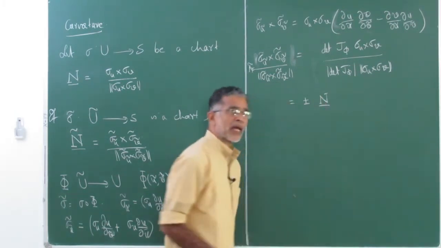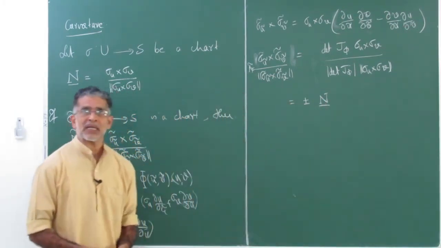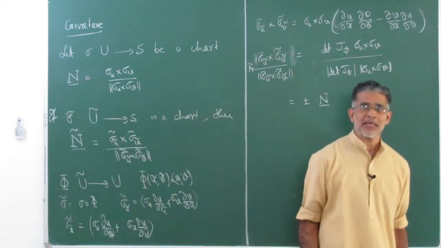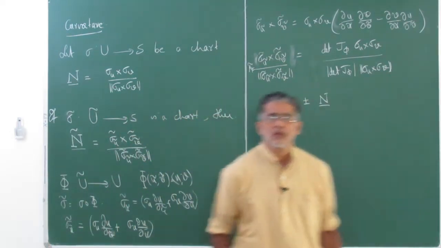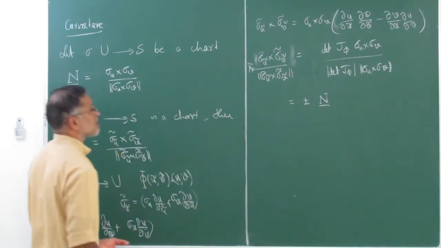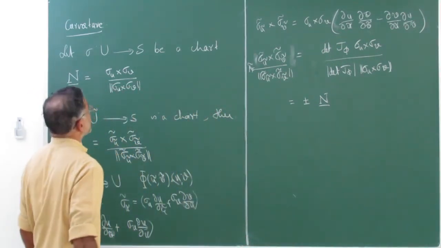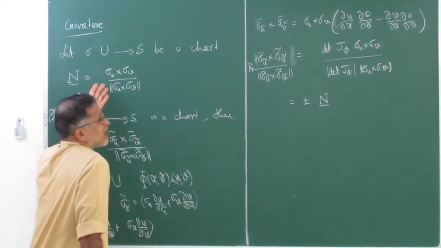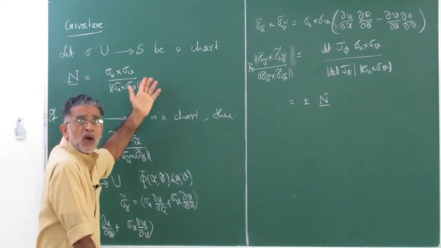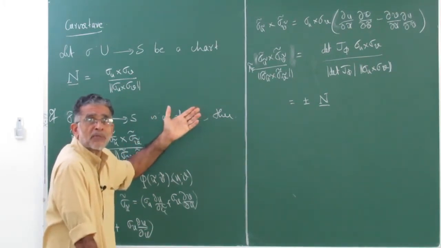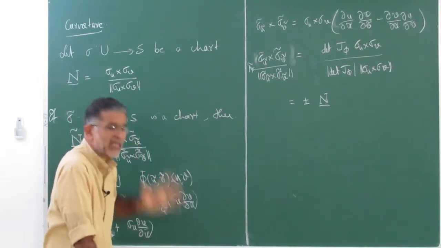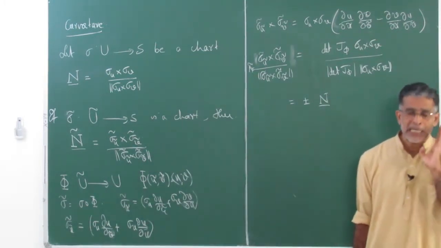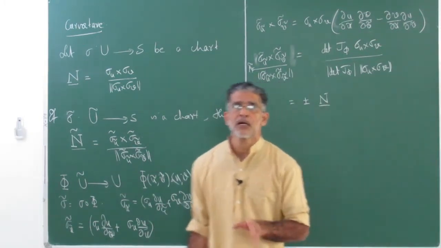So n tilde is, if you change the parameterization, the only change that you can expect is n may become minus n. Now, in case it is positive, we are done. In case it's negative, there is no issue involved. We still can manage to compute all the derivatives, but that minus sign you have to keep in mind. It is not that you can get rid of it. It depends on the way you look at it.